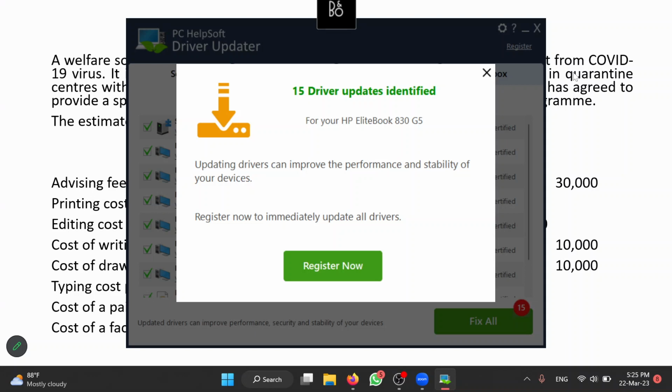Writing a chapter. You don't need to write chapters for all the books. You will only write once. The other work is printing only. Here the detail says there are 7 chapters. One chapter writing cost is 10,000. Therefore, totally 10 into 7, 70,000 is the chapter writing cost. Very good.